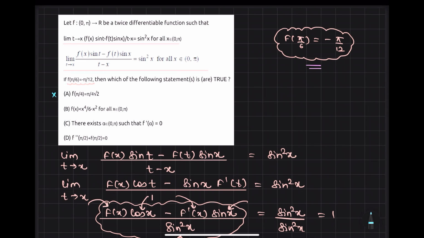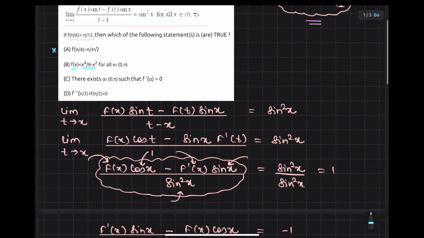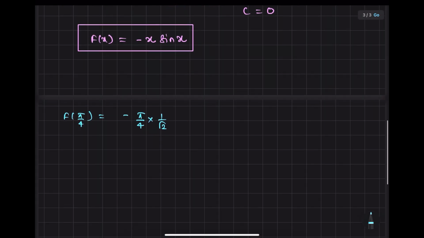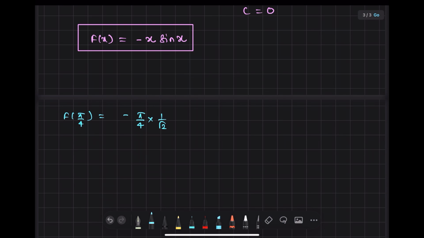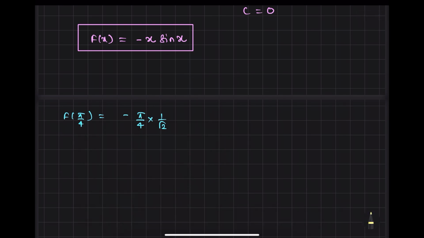Now we have to talk about f of x, and they are saying that it is smaller than this function. So look at this, this is an algebraic function, correct? x square by 4, and then x square by 6, and then x power 4 by 6 and x square. So look at this, your f of x is like this. You know that if you expand the sine function, sine is an odd function, so you will be writing plus minus.